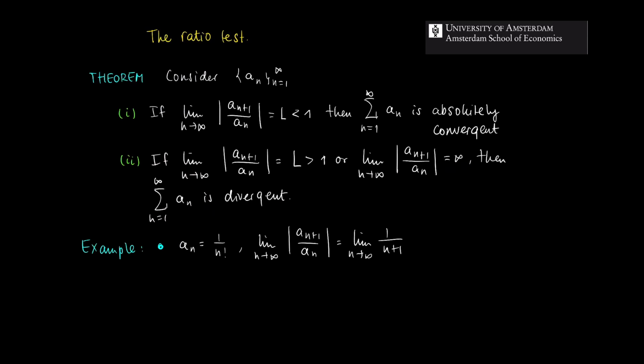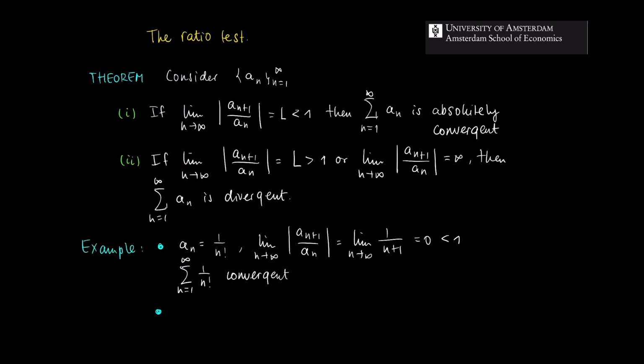And of course this limit is 0. So the L in the theorem above would be 0, and it's clearly smaller than 1. So on the basis of the theorem, we can tell that the sum of 1 over n factorial, from n ranging from 1 to infinity, is convergent.